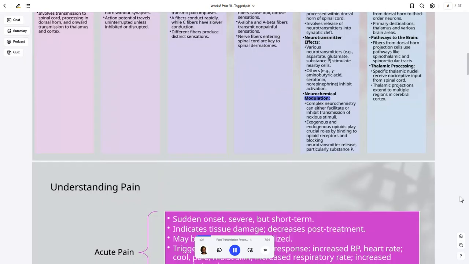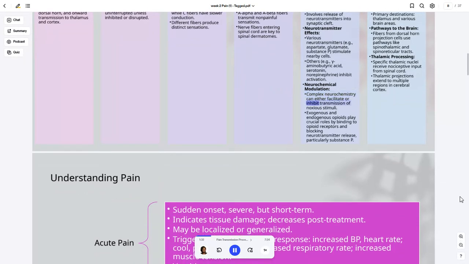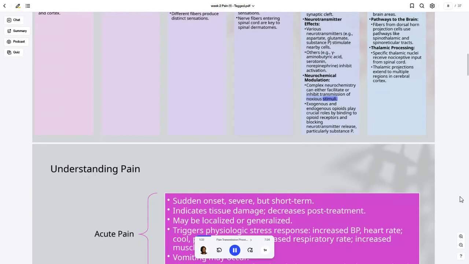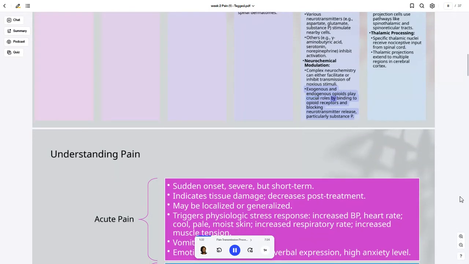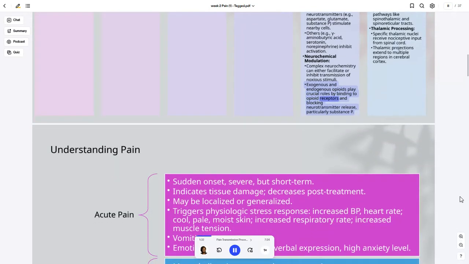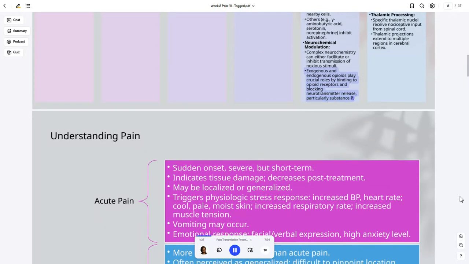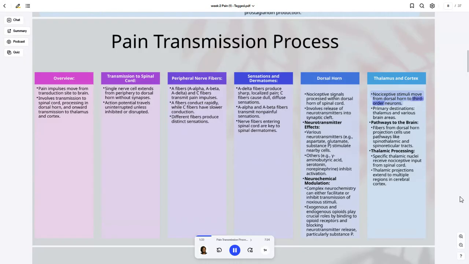Neurochemical modulation: complex neurochemistry can either facilitate or inhibit transmission of noxious stimuli. Exogenous and endogenous opioids play crucial roles by binding to opioid receptors and blocking neurotransmitter release, particularly substance P.